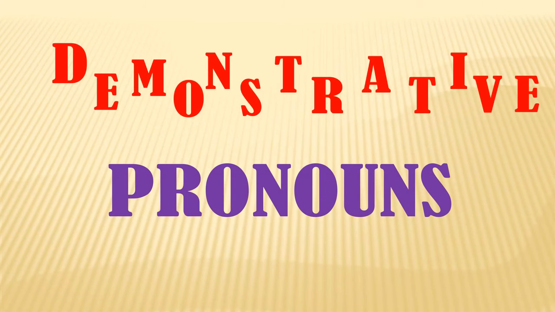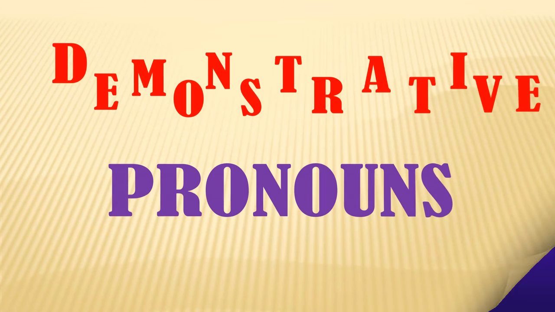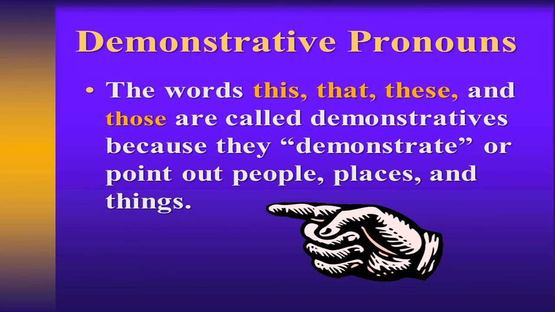Now the fifth one we have, demonstrative pronouns. The words this, that, these and those are called demonstratives because they demonstrate or point out people, places and things. Means they are used to point at people or things that are near or far from us or to introduce people.